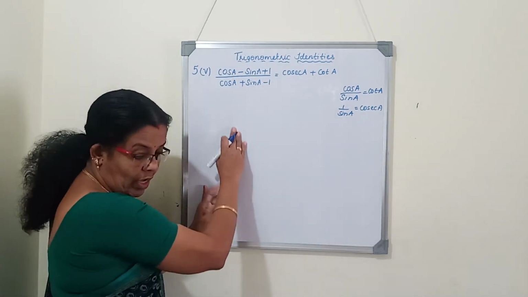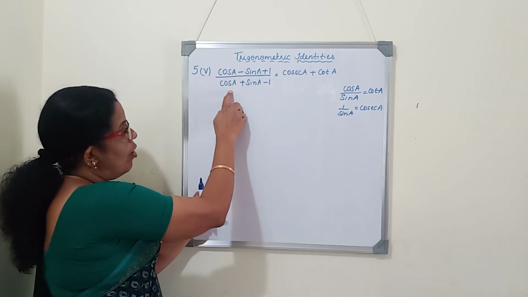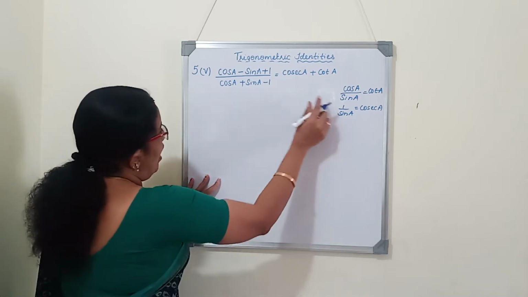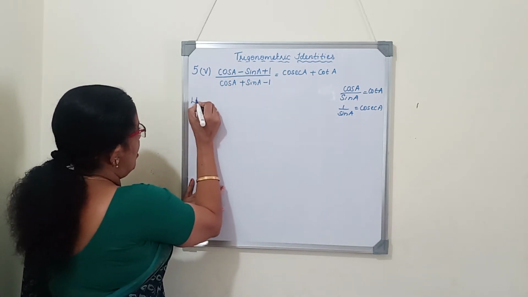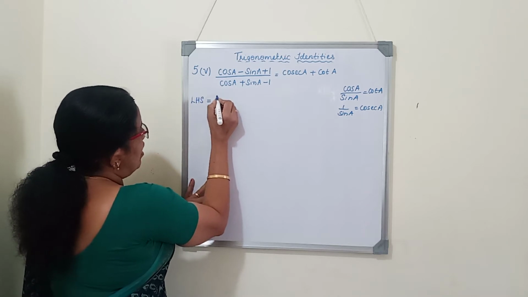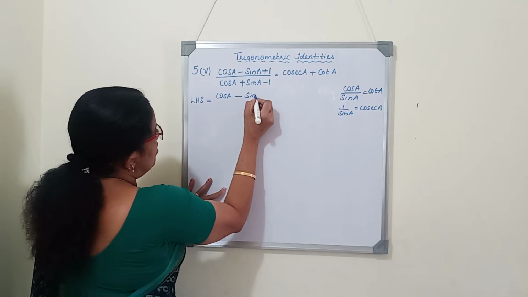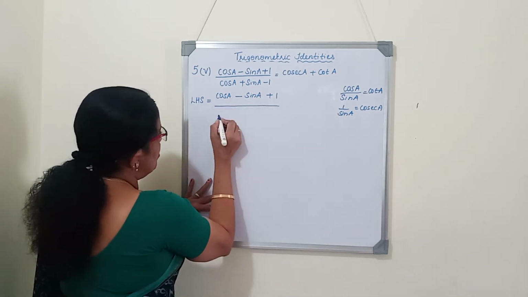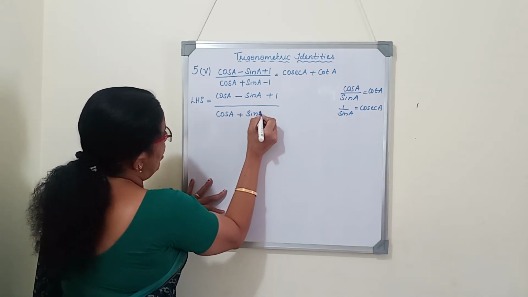So the first step is to divide each and every term in the numerator and denominator of the LHS by sin A. I'll write once again the LHS: cos A minus sin A plus 1 in the numerator, and the denominator cos A plus sin A minus 1.